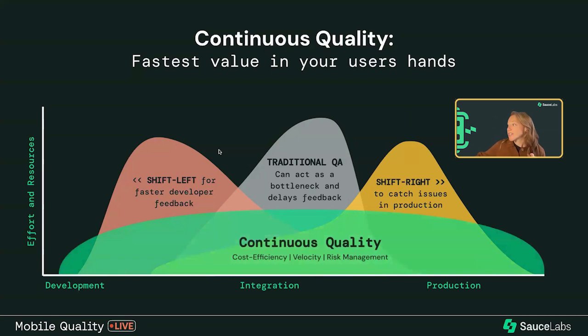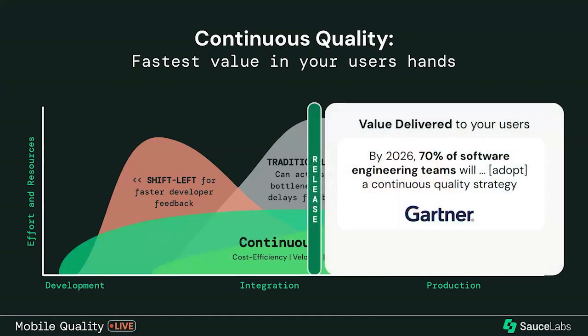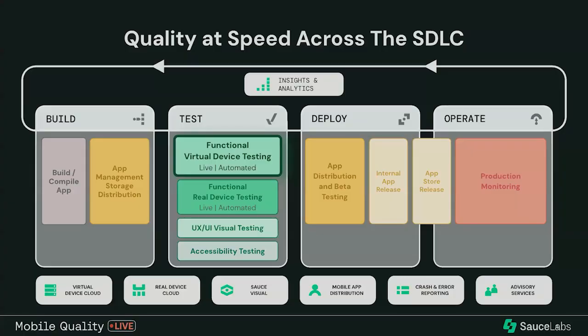And Gartner actually agrees here. They have stated that by next year, over 70% of engineering teams will be using a continuous quality strategy. At Sauce, we are here to help you deliver that quality across your entire development lifecycle. We support early app management and distribution.